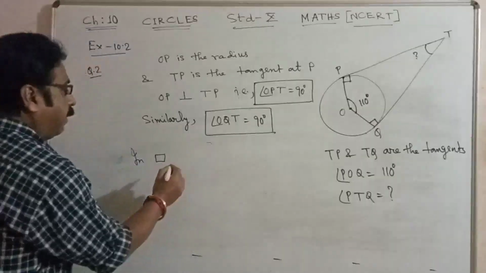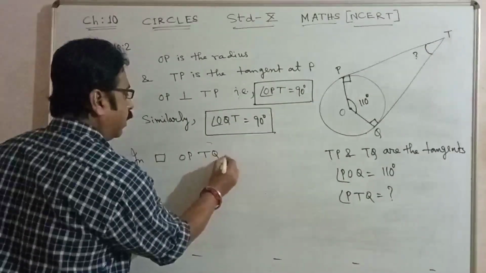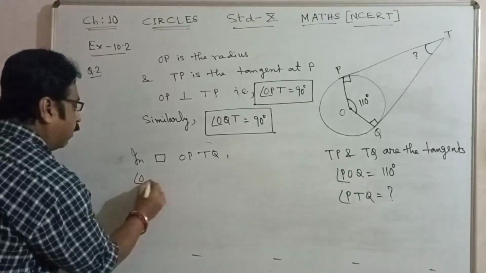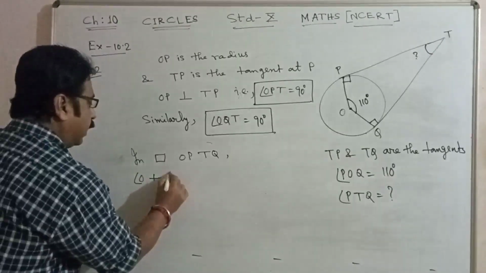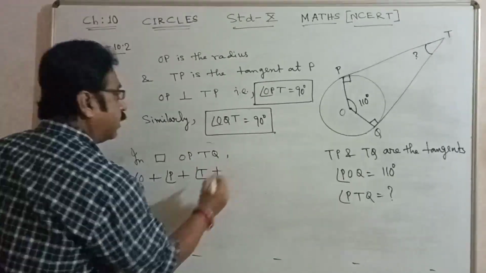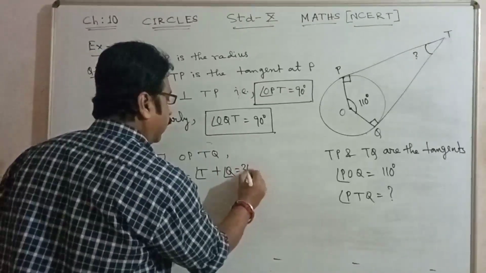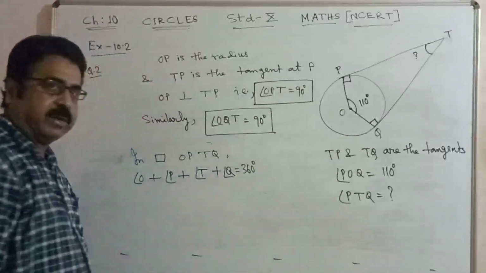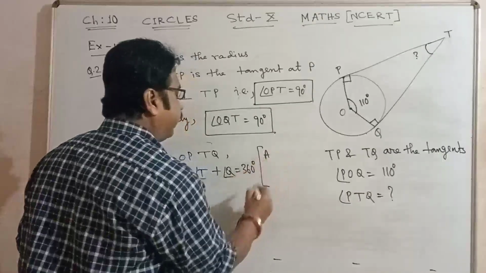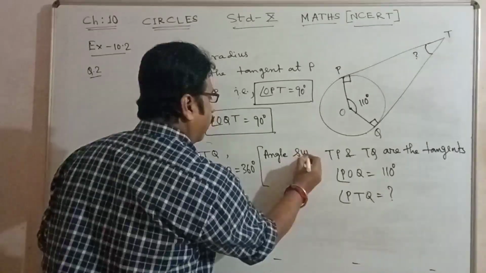In quadrilateral OPTQ, we can write angle O plus angle P plus angle T plus angle Q equals 360 degrees. Angle sum property of a quadrilateral.